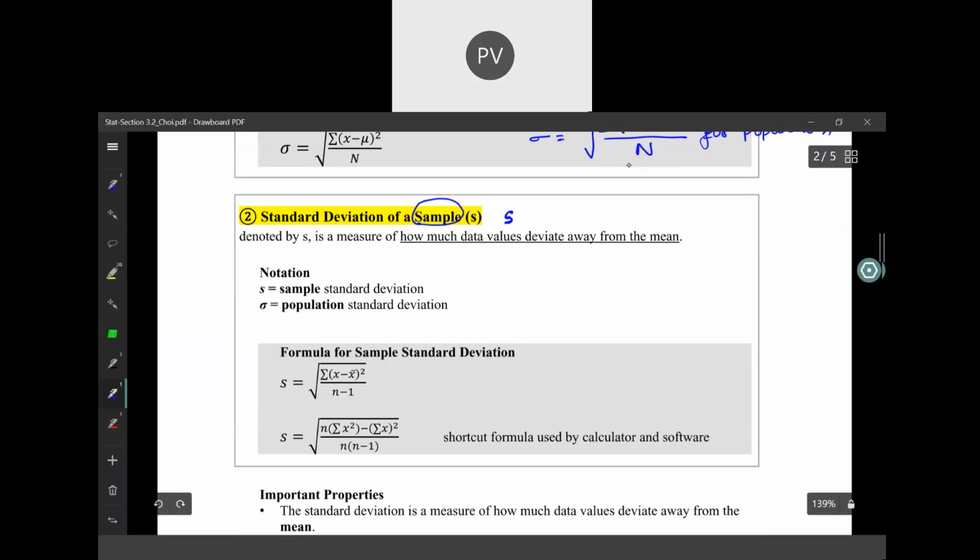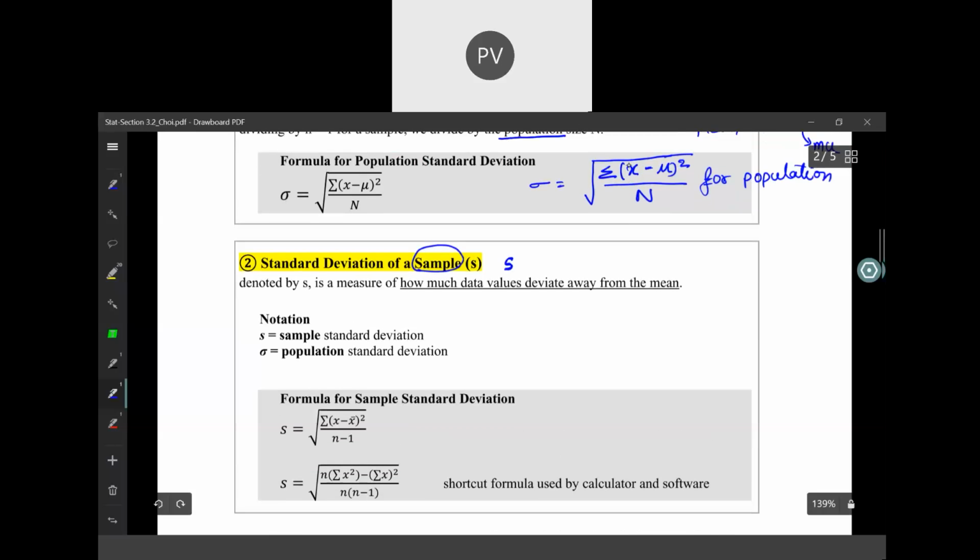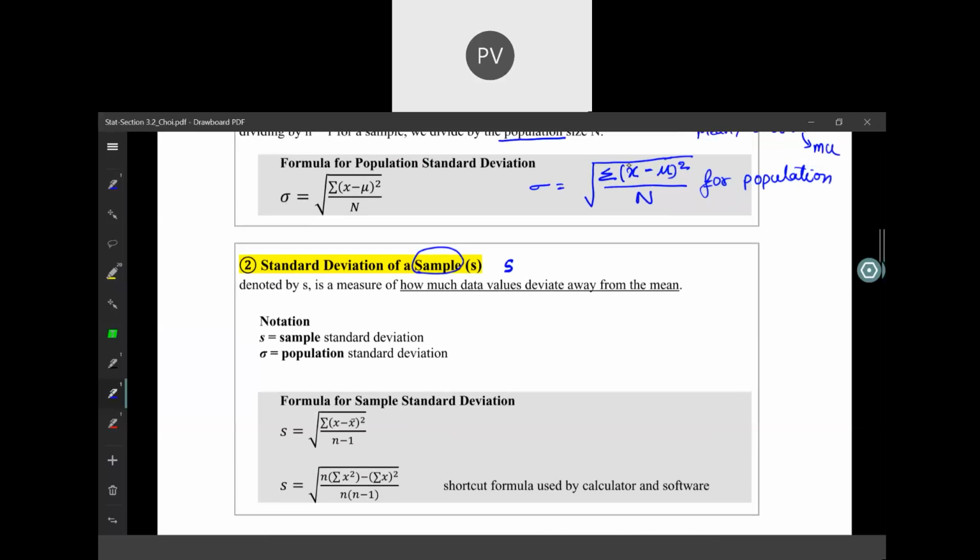For a sample, if you have a sample data set, then your standard deviation is represented by small s. The formula is the square root of the summation of x minus, how do you represent the mean for a sample? x bar.